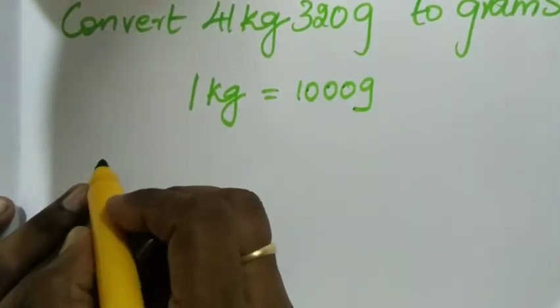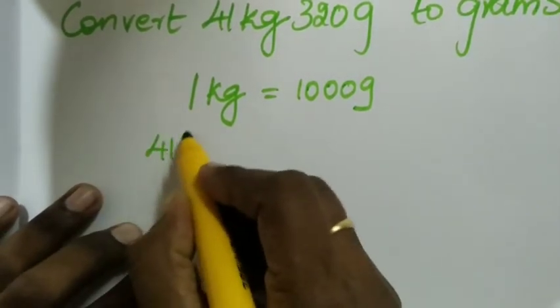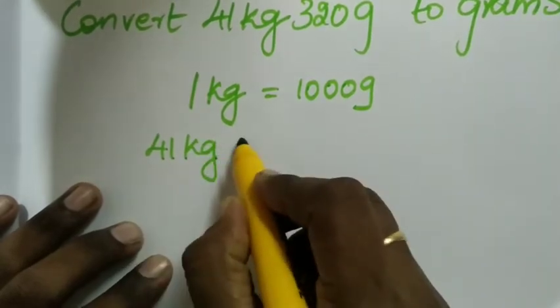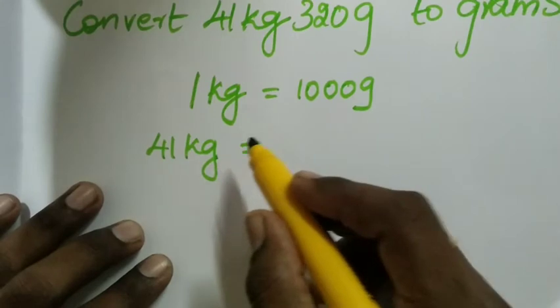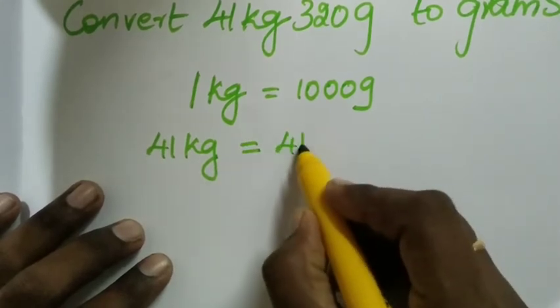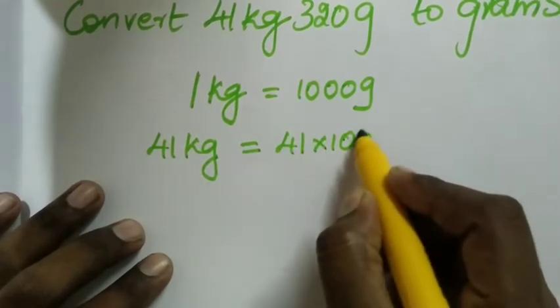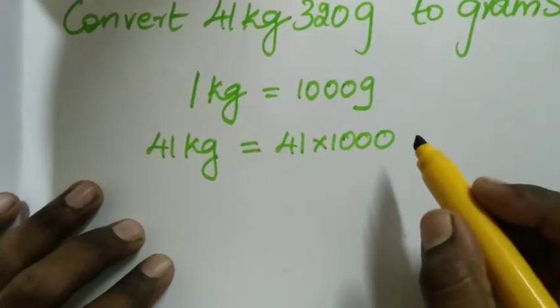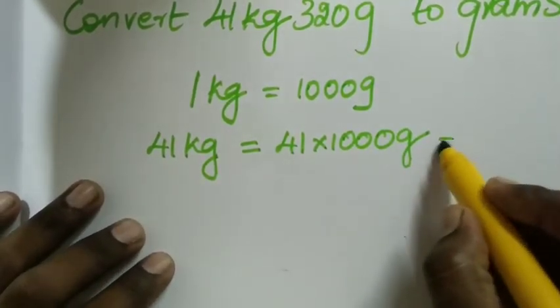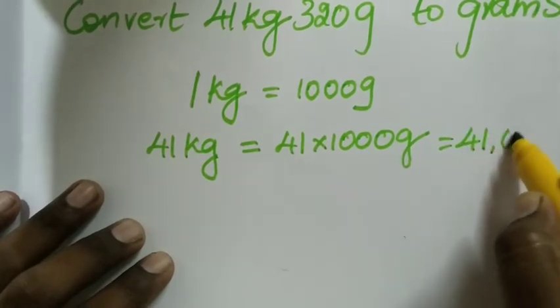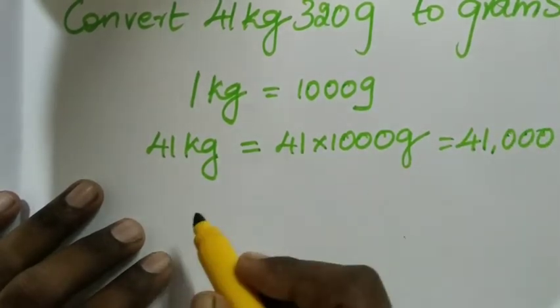Now 41 kg: 1 kg is 1000 gram, so 41 kilogram means 41 into 1000, which gives you 41,000.